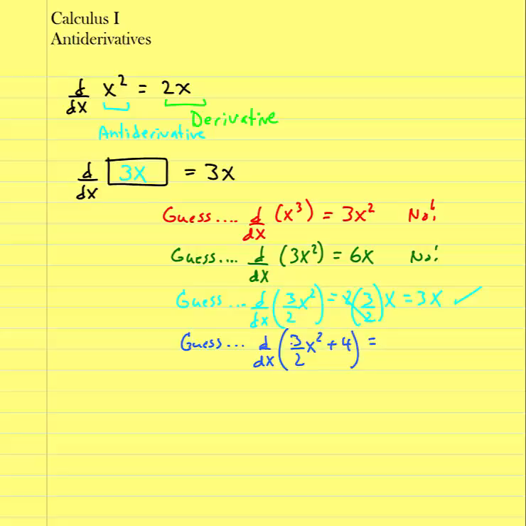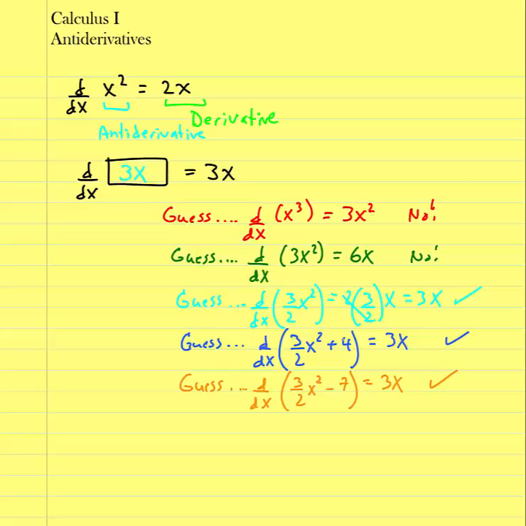Well, we already know if we bring the 2 down, the 2's cancel and I'm left with 3x, and the derivative of a constant is 0, so this is right as well. Okay, let's guess again. So again, we're looking for these patterns. What if this was a minus 7? The derivative, I bring the 2 down, the 2's cancel, and I'm left with 3x. The derivative of a negative 7 is 0. So this checks as well.